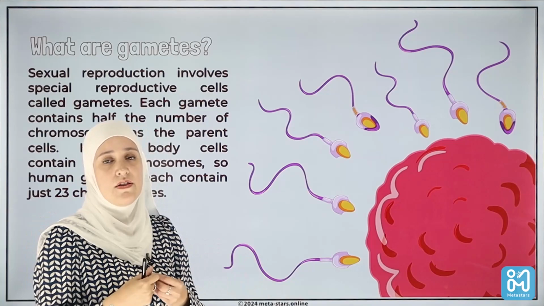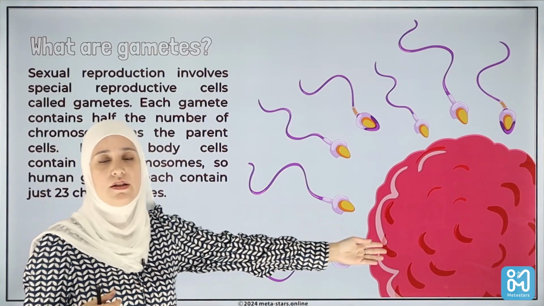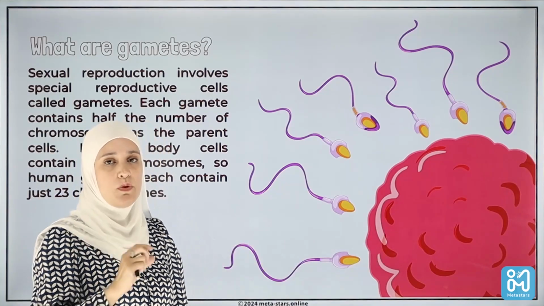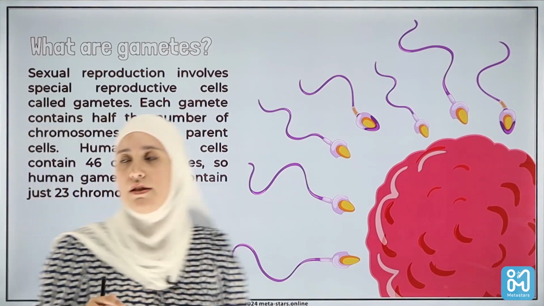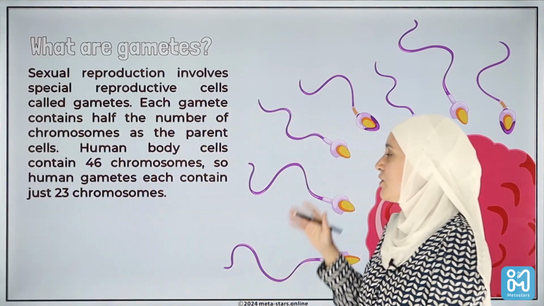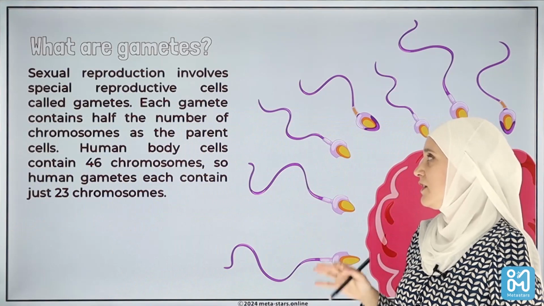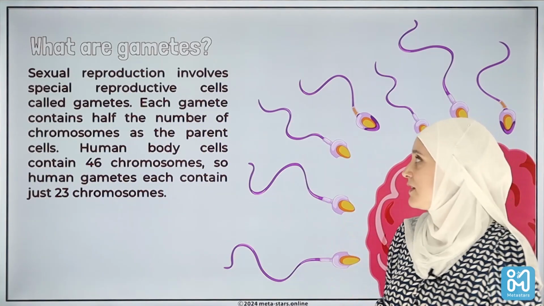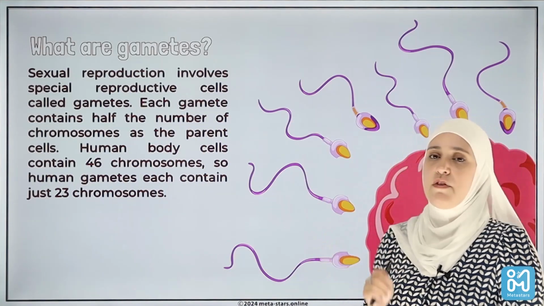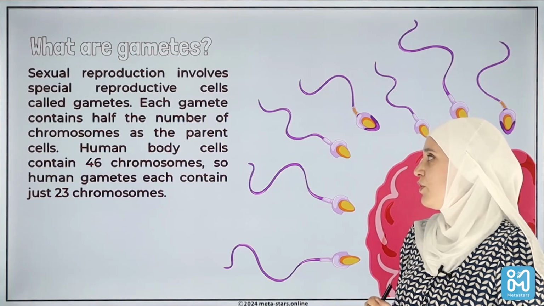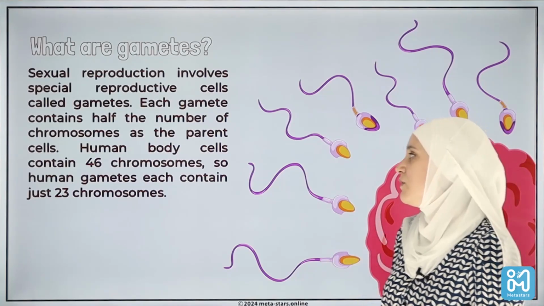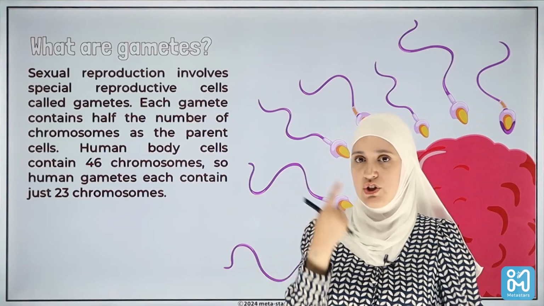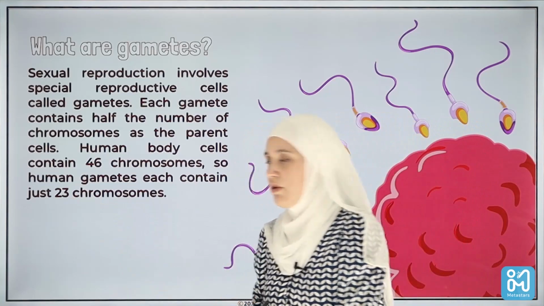So once the sperm fertilizes the ovum, it will become a full 46 chromosomes. Sexual reproduction involves specialized reproductive cells called gametes. Each gamete contains half the number of chromosomes of the parent's cell. The human body contains 46 chromosomes, so each gamete contains 23 chromosomes.